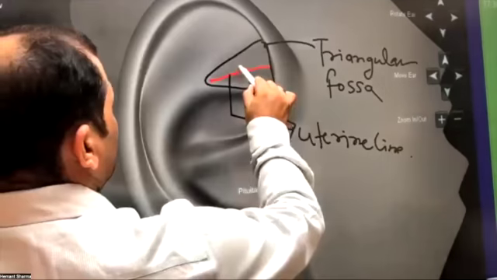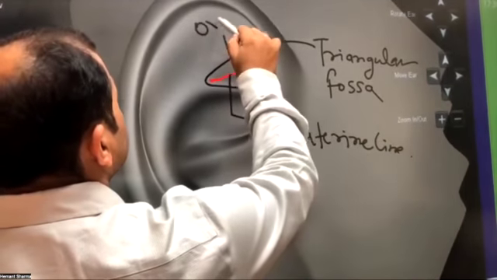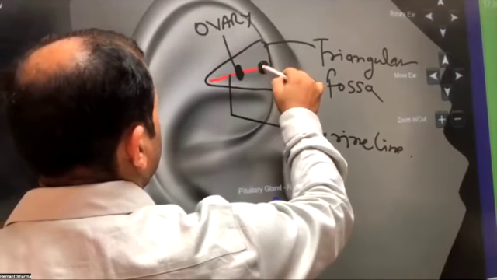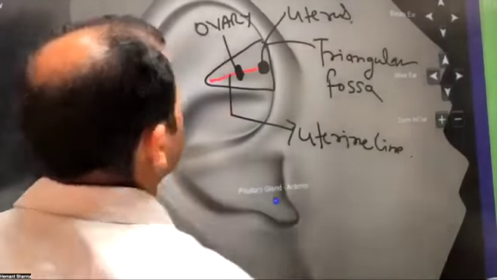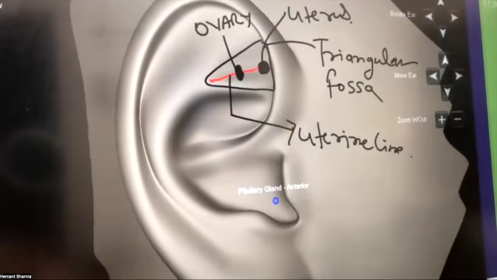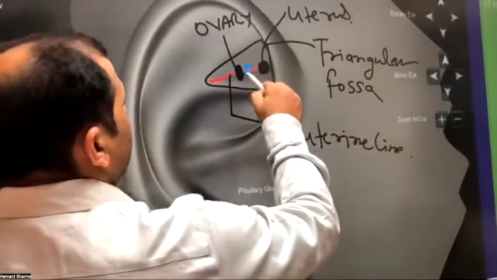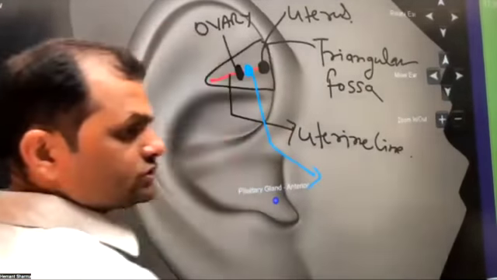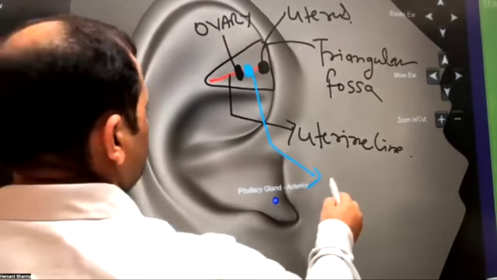And the center of this uterine line is ovary. And the last part of this uterine line is uterus. इसी लाइन में ओवरी मिलता है और यूट्रस मिलता है. Now the point in between, this is called cervix. इन दोनों के बीच में जो पॉइंट पाया जाता है इसे हम कहते हैं cervix.